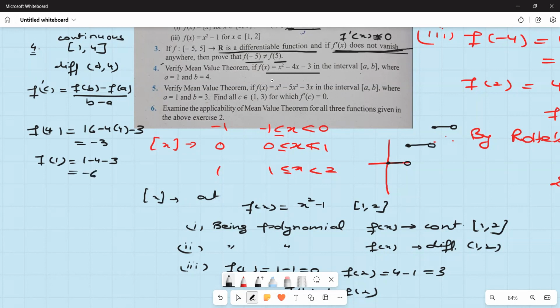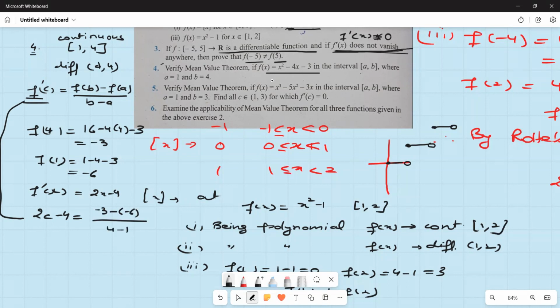Then what is f dash x? If we differentiate that, f dash x is 2x minus 4. So from here, what can we say? If we apply this, 2c minus 4 is equal to minus 3 minus of minus 6 upon b minus a. b minus a means 4 minus 1.